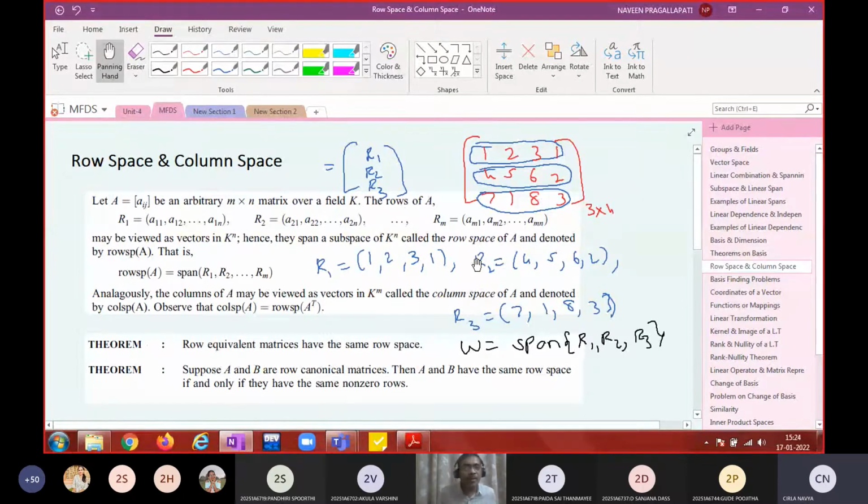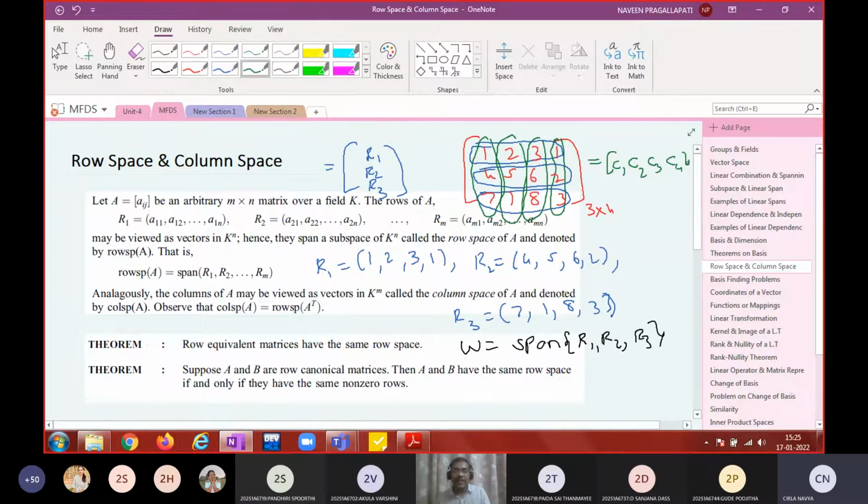So what is a row space? Row space is the space spanned by the row vectors. Similarly, you can generate a column space. What is column space? You can see this matrix as containing 4 column vectors. I can call these C1, C2, C3 and C4.